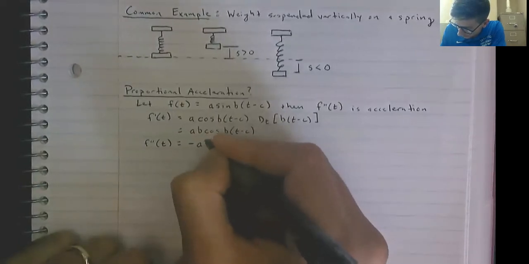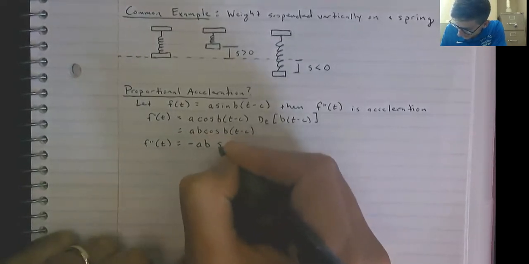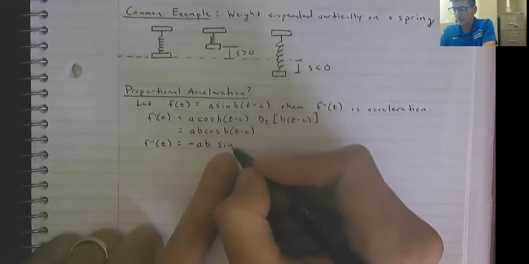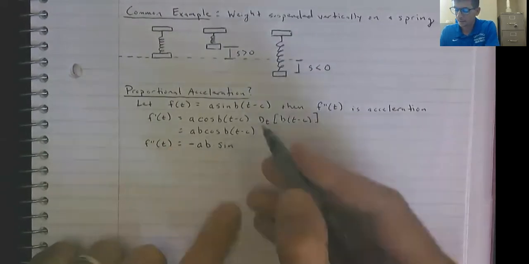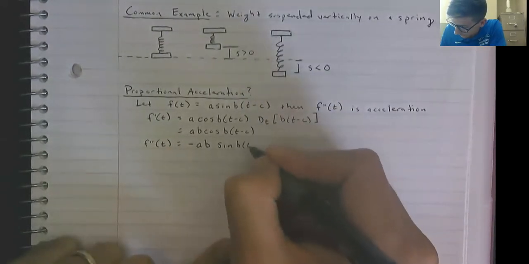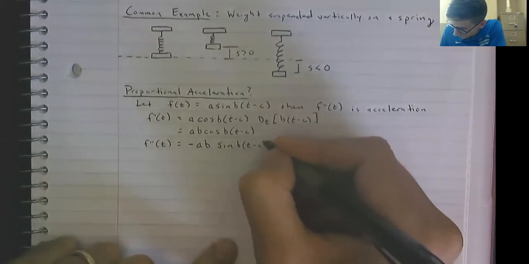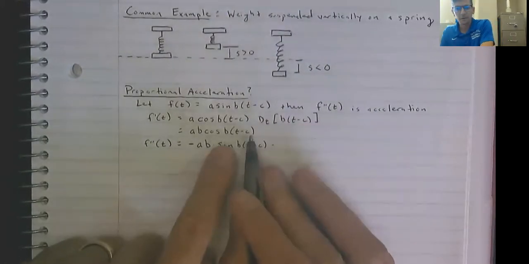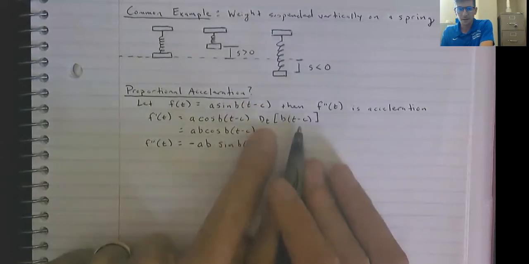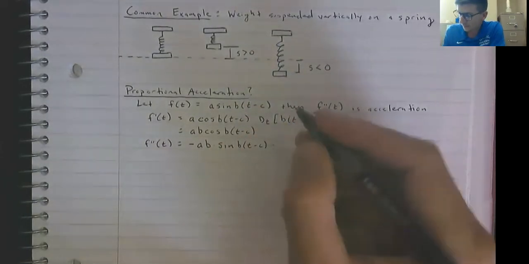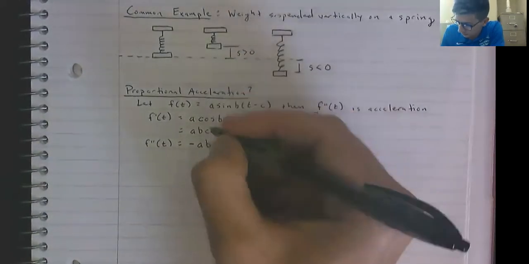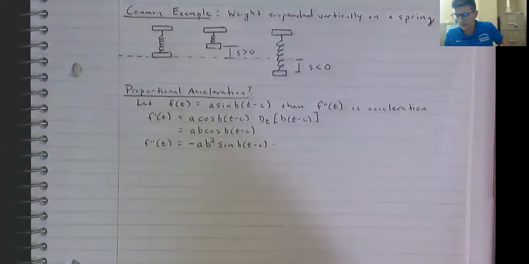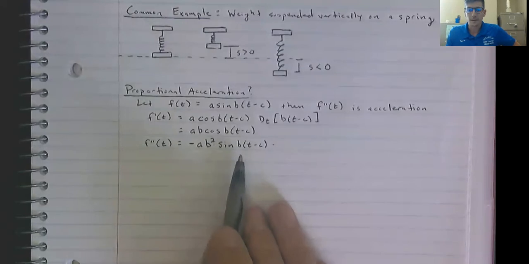So negative ab times the sine of b times t minus c, where the negative comes from the fact that the derivative of cosine is the opposite of sine, times the derivative of b times t minus c, which we just did and said was b. So I'm not even going to write it here, because we've already got a b here, so this turns into b squared. So negative ab squared times sine of b times t minus c.